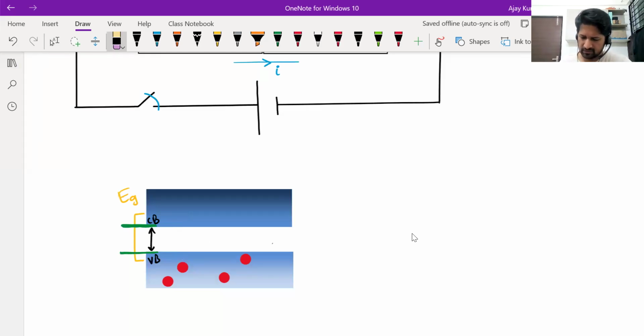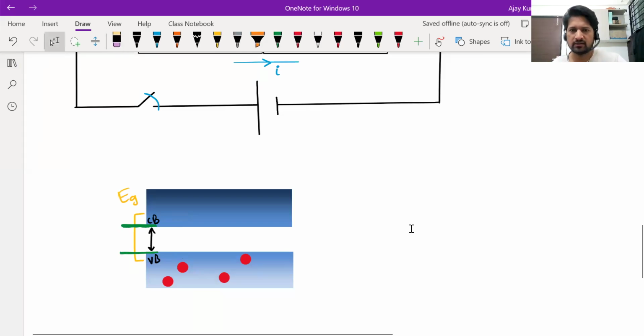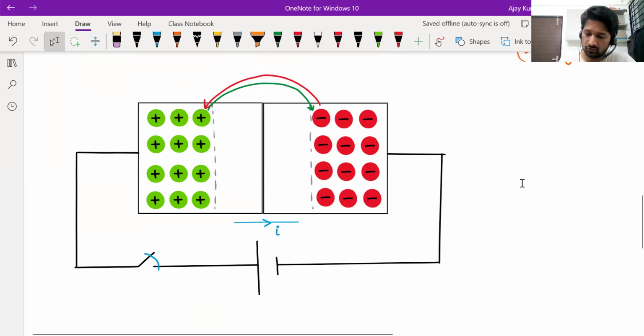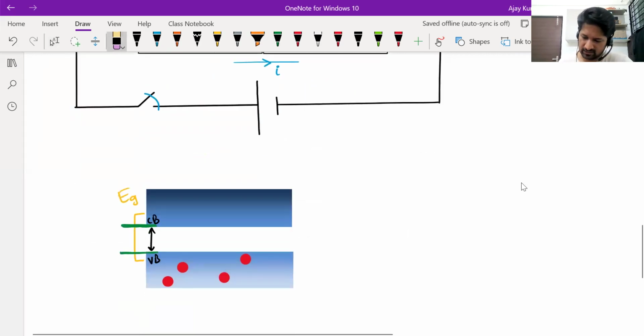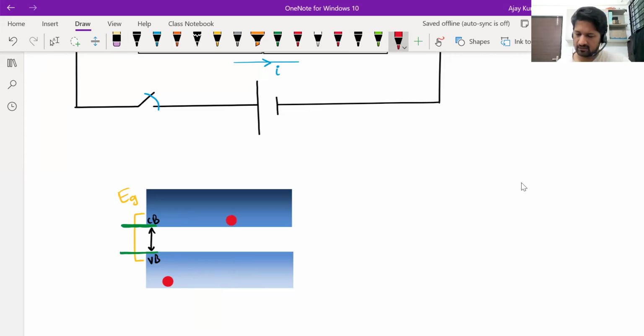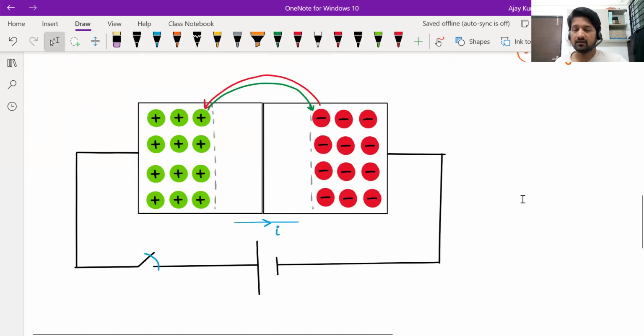In semiconductors, there's an energy gap of around 0.2 to 3 electron volts. Now, when electrons move from N side to P side, these electrons are conduction electrons, meaning high energy electrons. They are in the conduction band. So consider an electron in the conduction band. On the P side, there are a lot of holes. Holes are basically vacancies in the bonds.